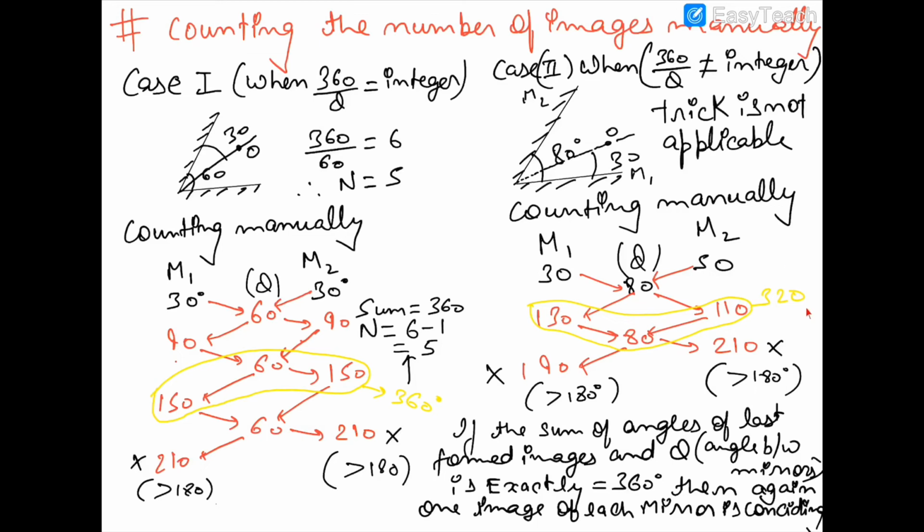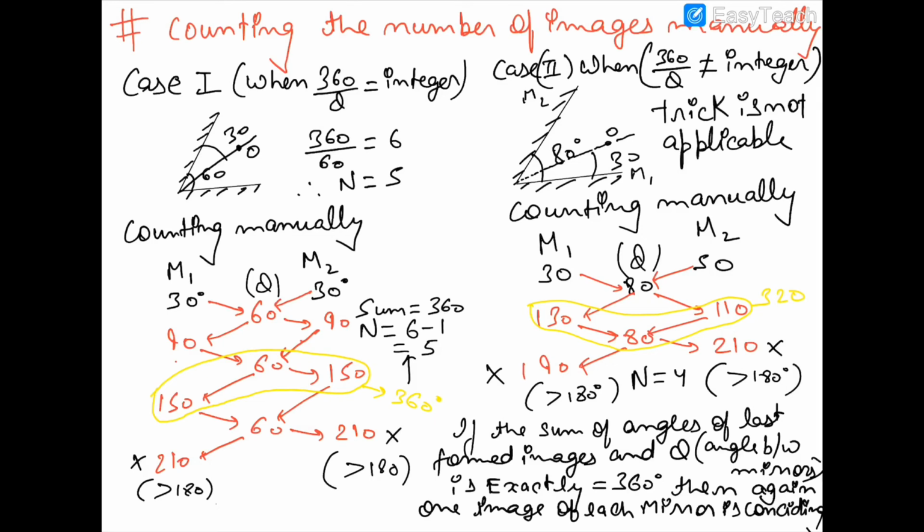So if the last images are not coinciding, then we have to count all these images as they are. So the number of images in this case, n, will be equal to 1, 2, 3, 4, that is 4.